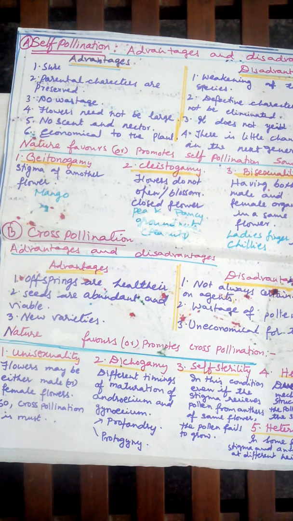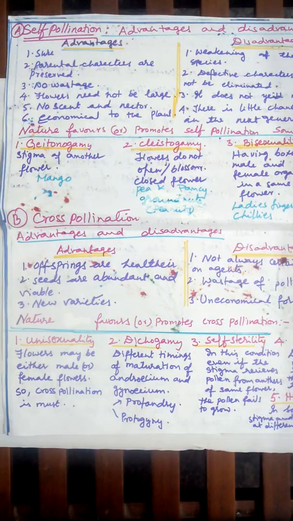Got it? Some various devices or conditions are there, such as unisexuality, dichogamy, self-sterility, herkogamy, etc. Got it? Now we are going to learn about unisexuality.